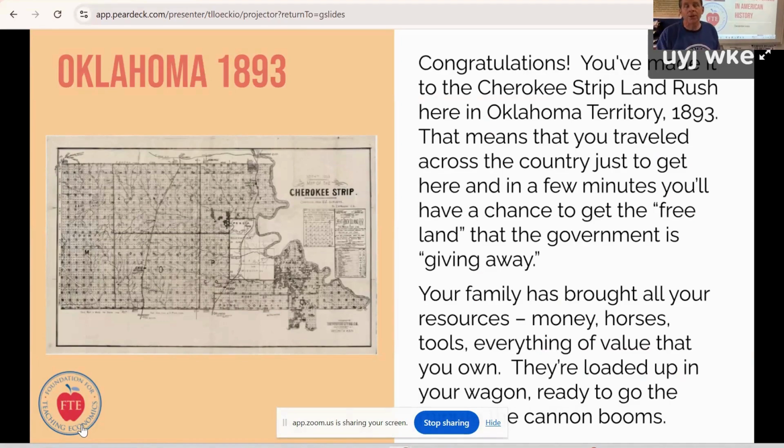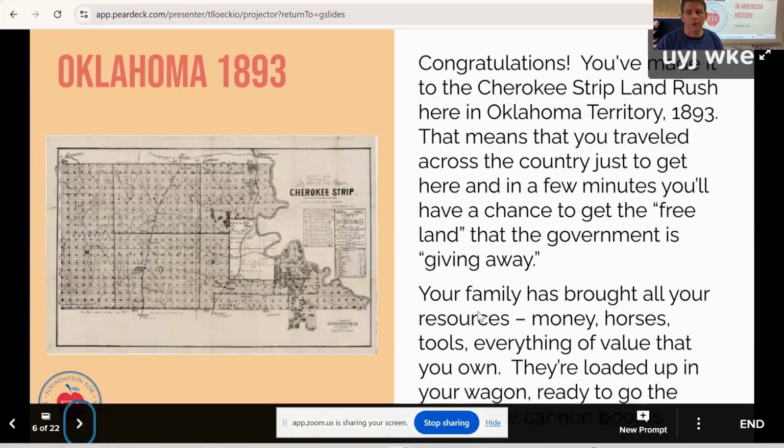And of course, the one thing that everybody thinks they know about the Oklahoma land rush is that the land was free. Notice the quotation marks that any economist would put around giving it away.